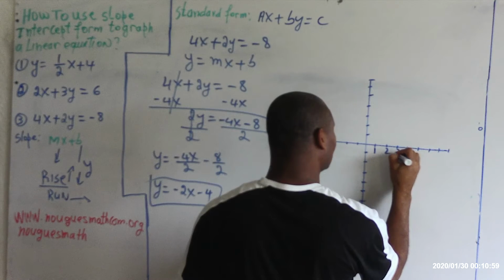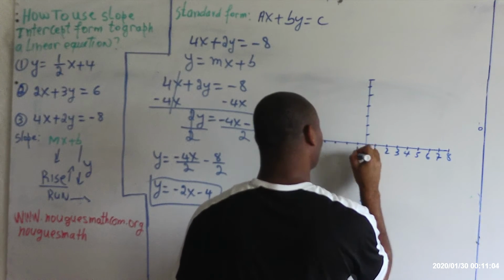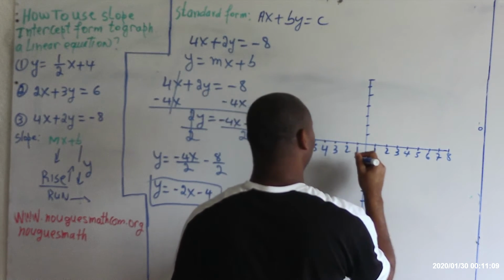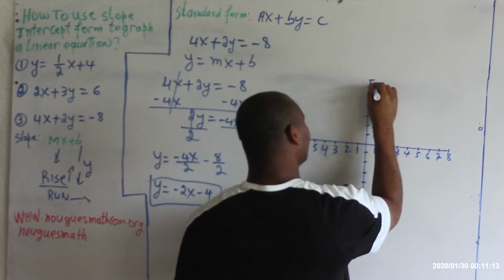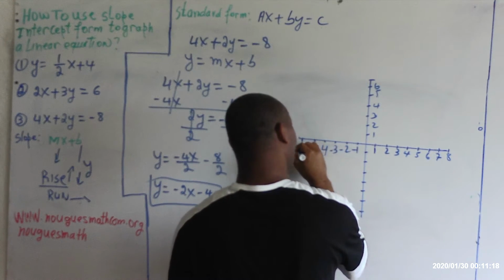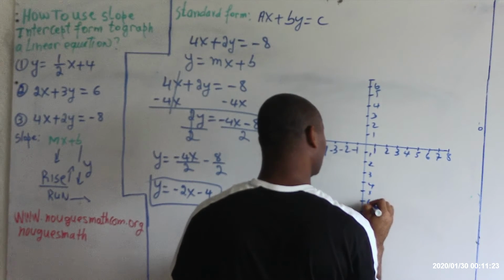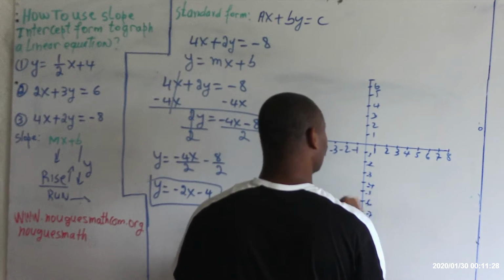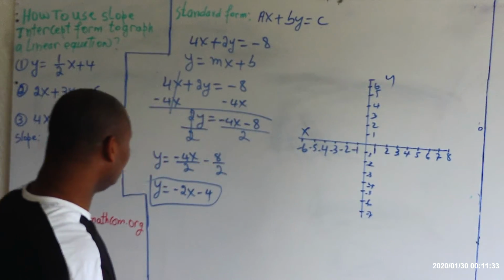One, two, three, four, five, six, seven, eight. These are the negative numbers. This is the X, this is the Y. Okay, so now we're ready to graph.